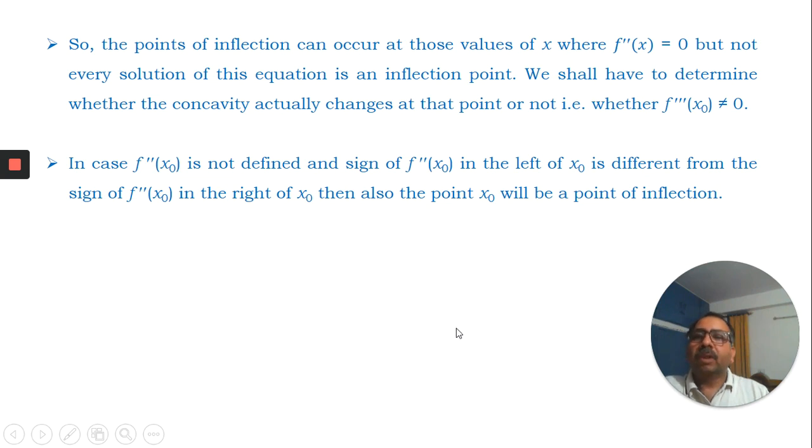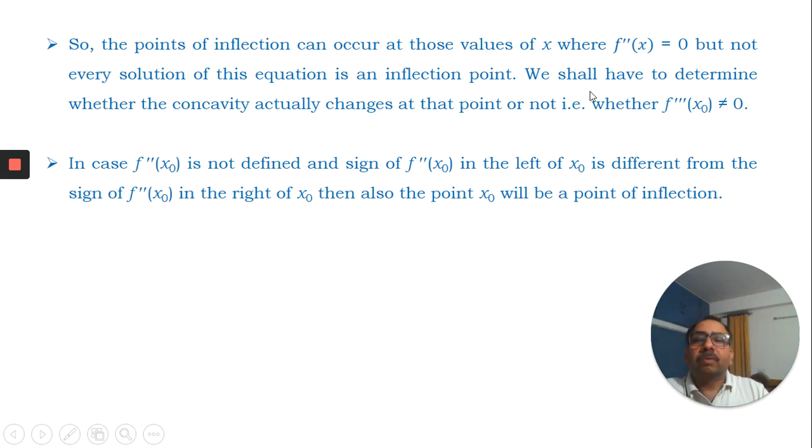So we have found a formula to find points of inflection. The point of inflection can occur at those points of x where the double derivative equals zero, but we must remember that not every solution of this equation is an inflection point.